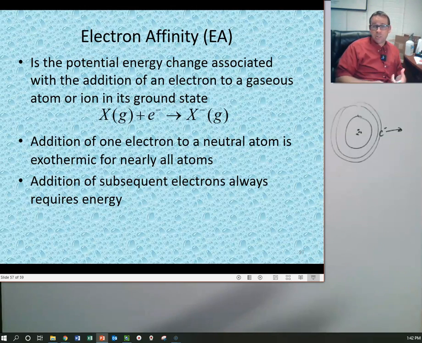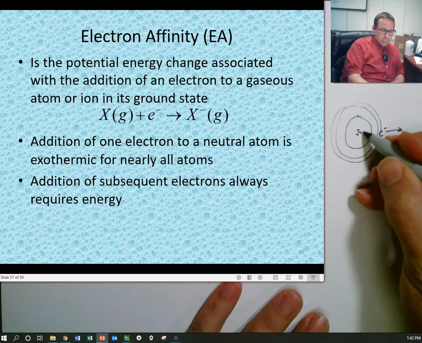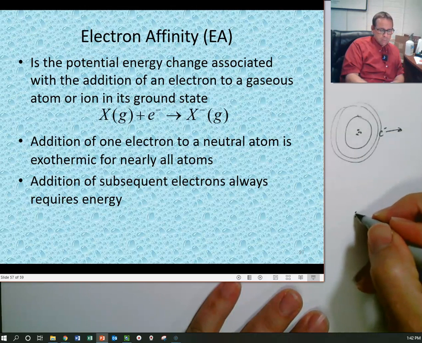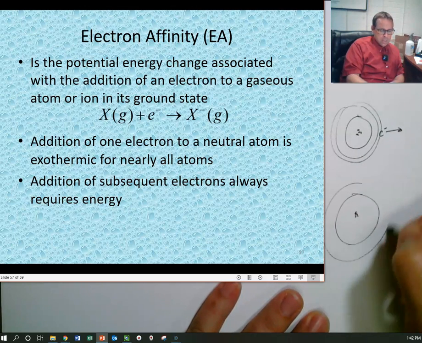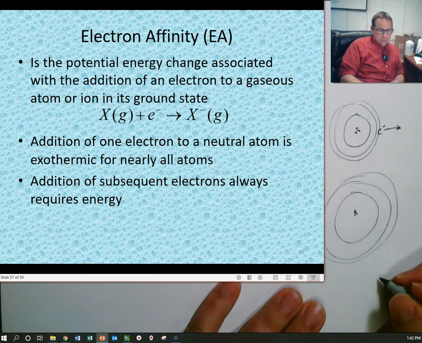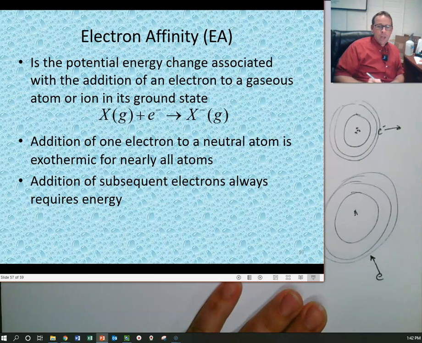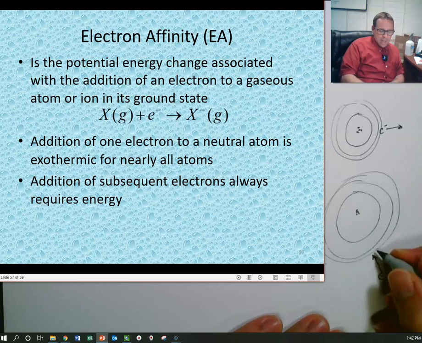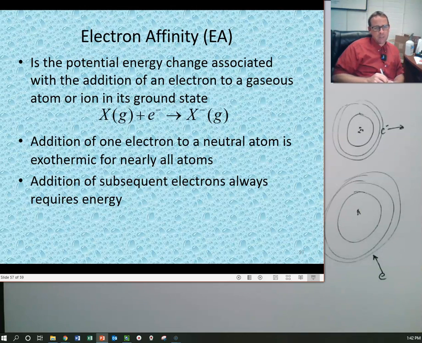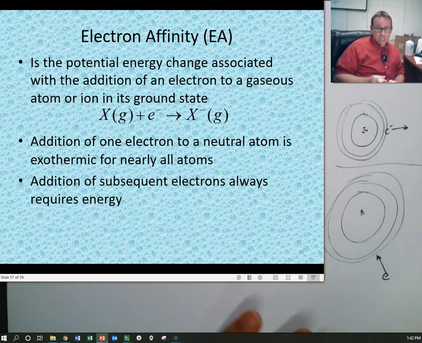Remove the first one, remove the second one, it always requires energy. Okay? What do you think, Emily? If I had a family here, right, here's the family, some parents, and then the electrons, what do you think? Would it require or release energy to add an electron to that family? Or to add a child to the family?